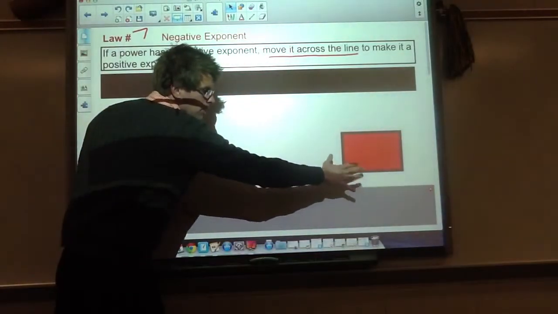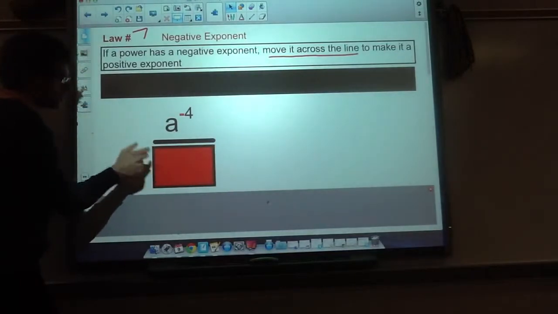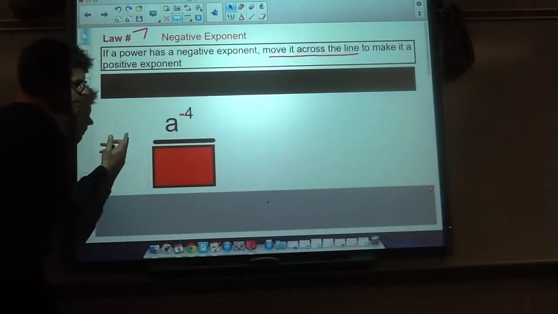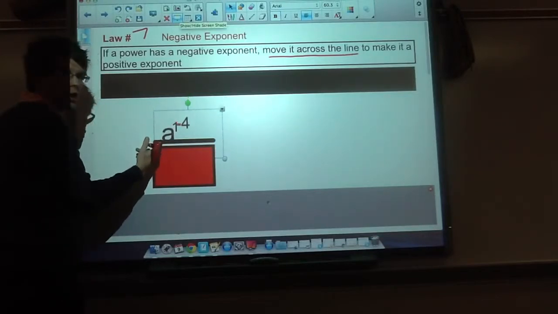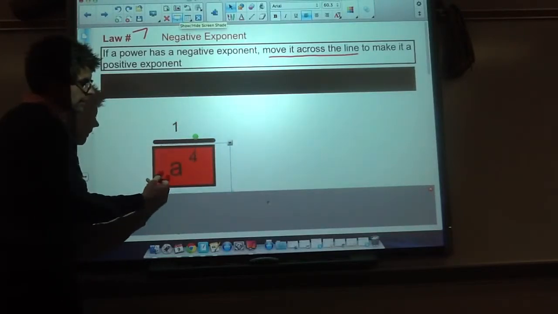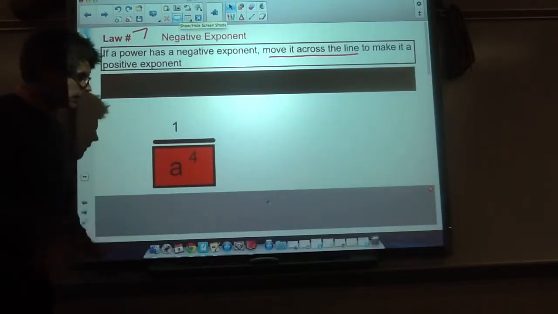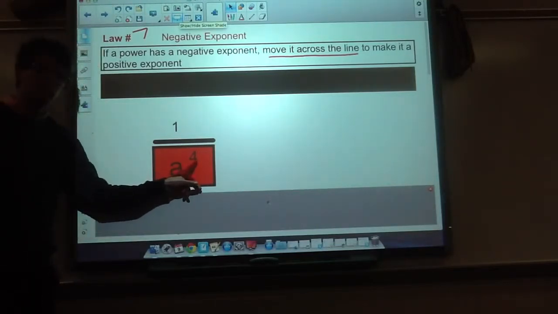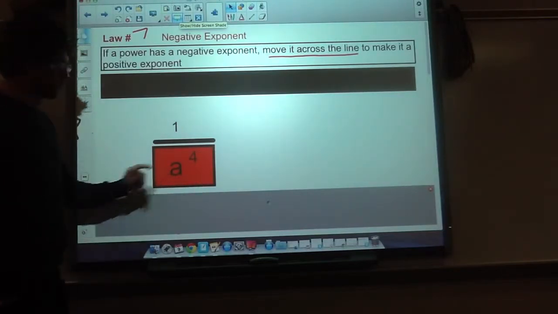I'm going to take my magical red curtain over here, okay? And I'm going to move the a to the negative 4th power, that whole power there, and I'm going to move it across the line. When I moved it across the line, the negative 4 became a positive 4 as it moved to the bottom there.